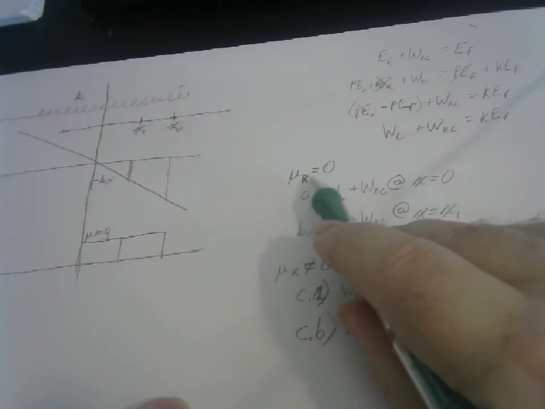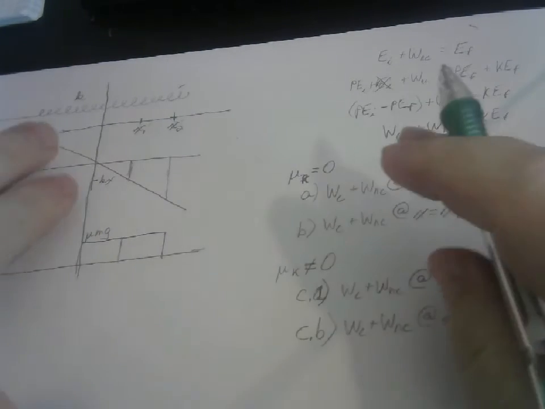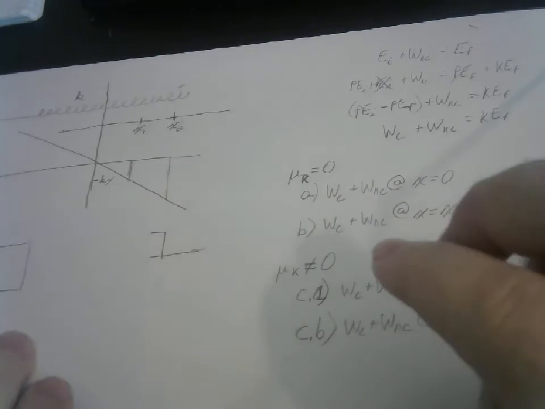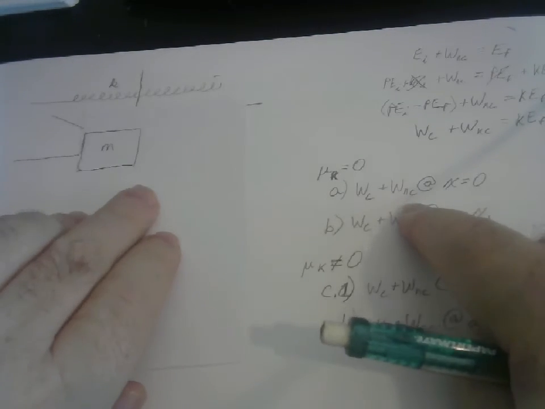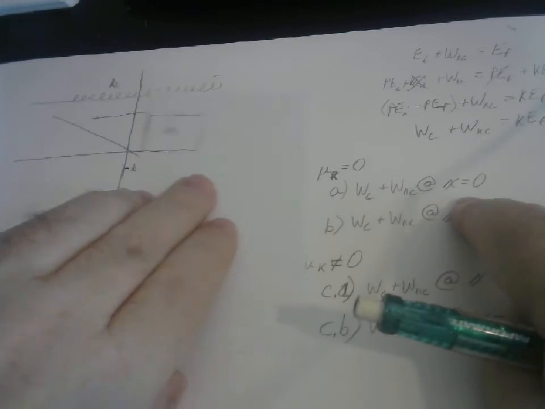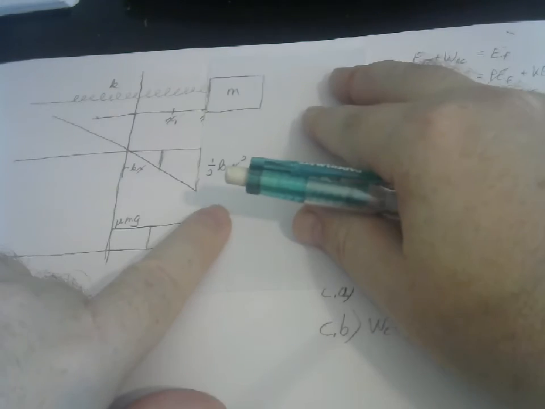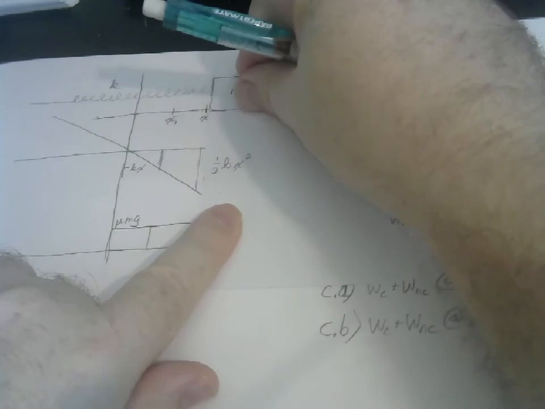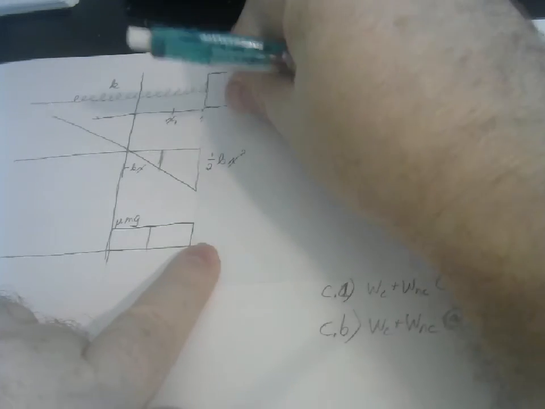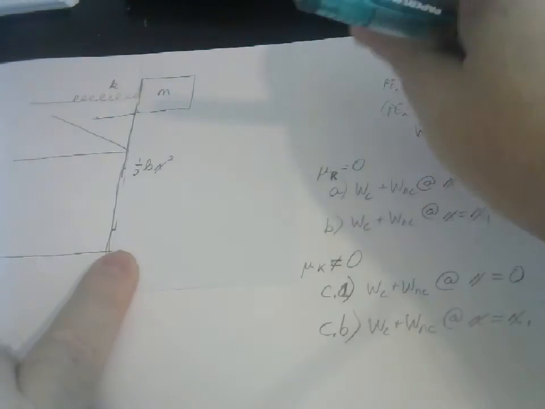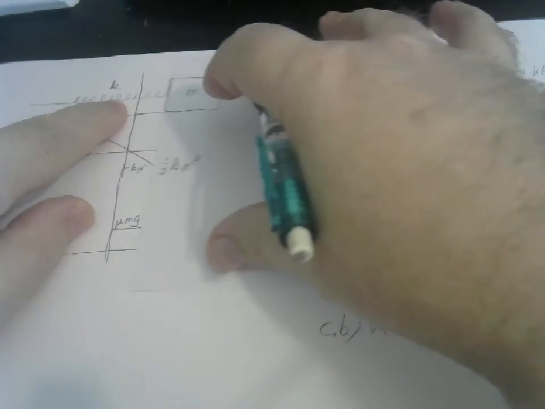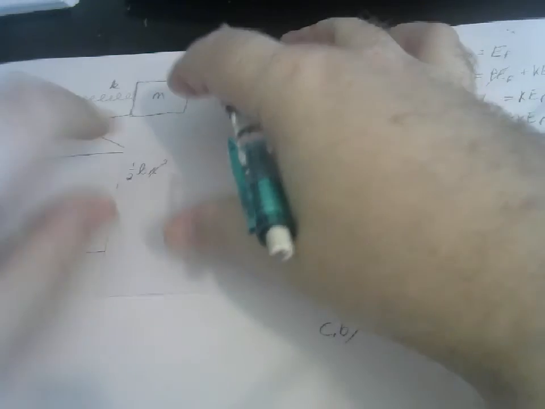First of all, we're setting mu sub k equals 0. It's a frictionless table. And we want to know what is the work conserved plus the work non-conserved at x equals 0. So we're taking the mass and pulling it to x2. We're letting it go. And then we're finding out what is the work done by the spring at that point.